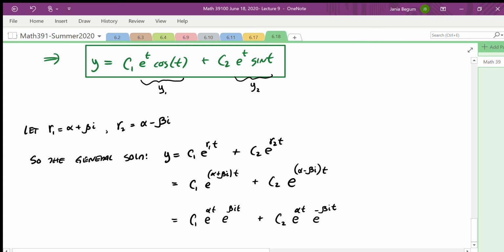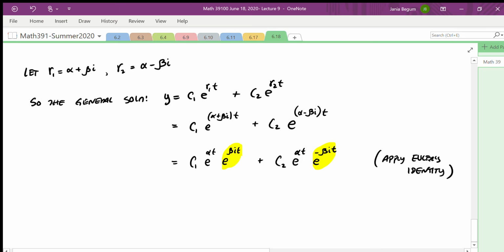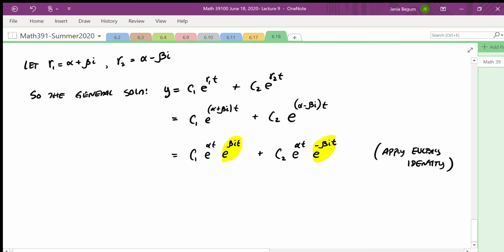Okay? And now here, we just discovered that this can be rewritten using Euler's identity, right? So that's what I'm going to do now. So apply Euler's identity. So if I do that, I get the following expression.